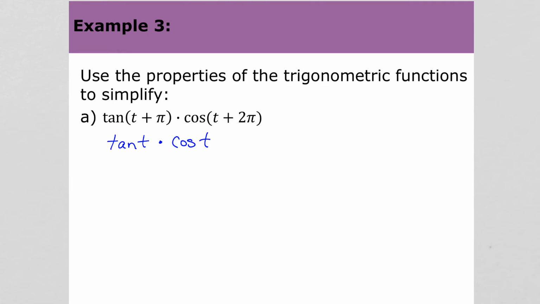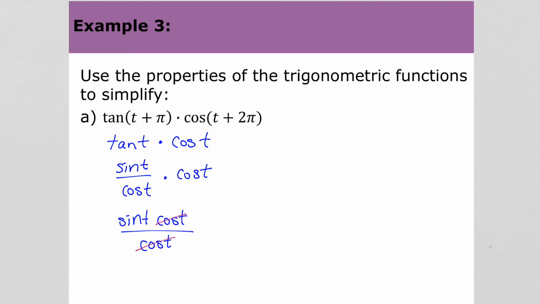We're wanting to reduce this so it's in terms of sine and cosine. So we've got a tangent here. What we can do then is use the fact that tangent is sine over cosine. And we have this. So this gives us sine t times cosine of t if we multiply over cosine of t.